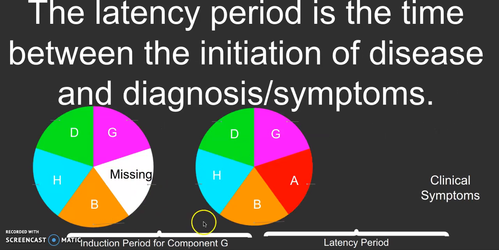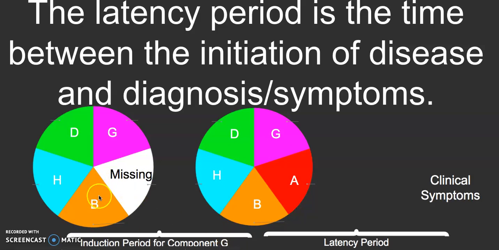So we talked about our induction period, but we also have a latency period, which is the time between the initiation of disease and diagnosis or clinical symptoms. So say that you get exposed to the flu virus here. We're moving back to the flu. And so this last component cause creates the beginning of disease, where you have a full component cause, so it's no longer the induction period.